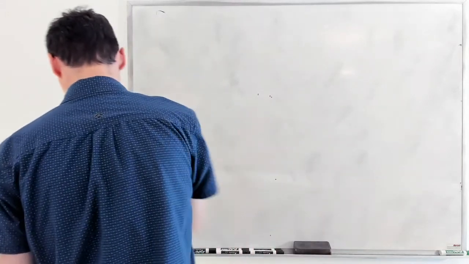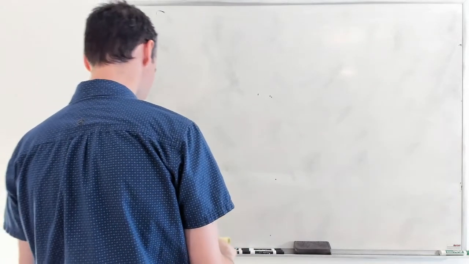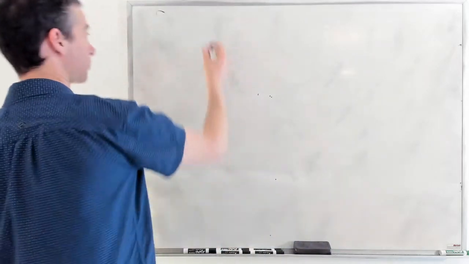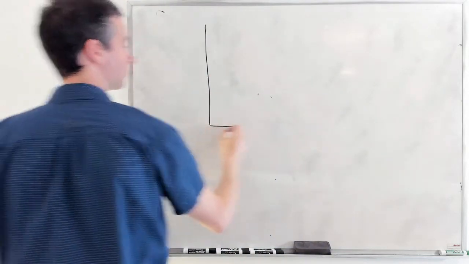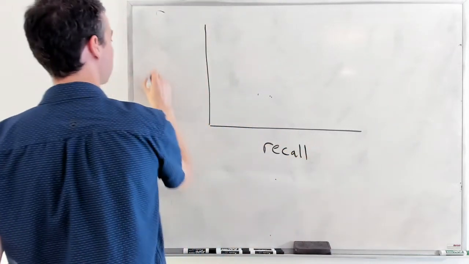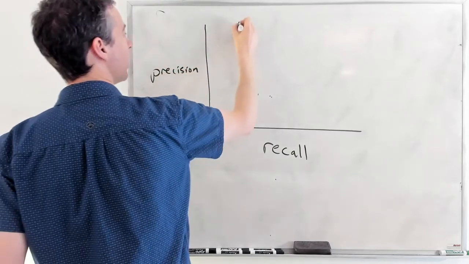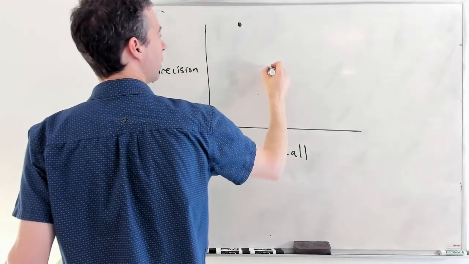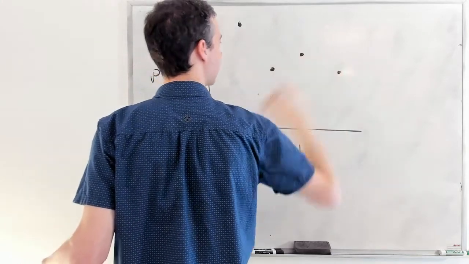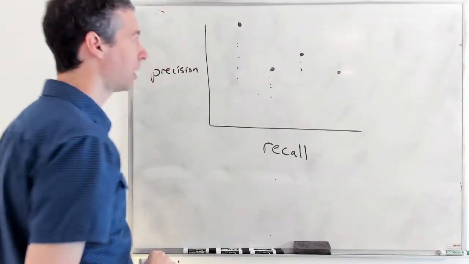These plots of precision and recall, so we had a point here, a point here, and a point here. And then we had some subsequent points on the plot.